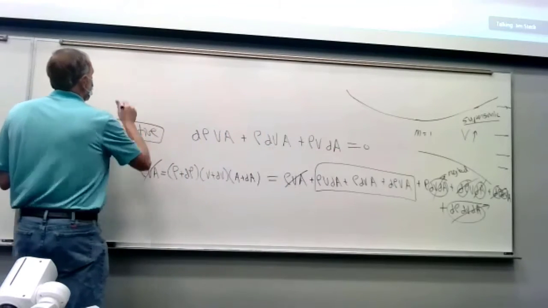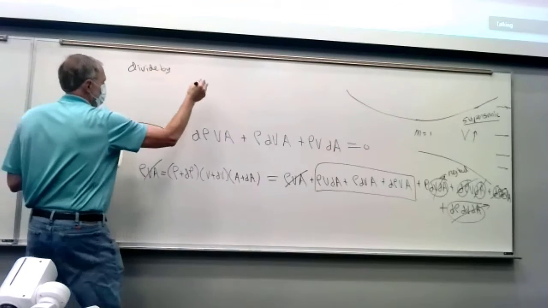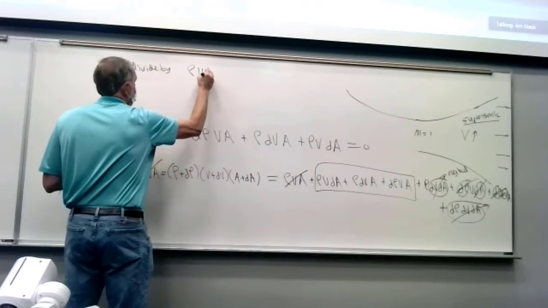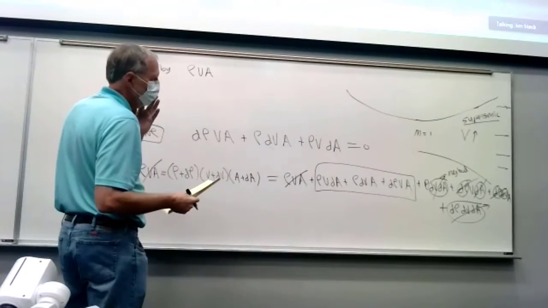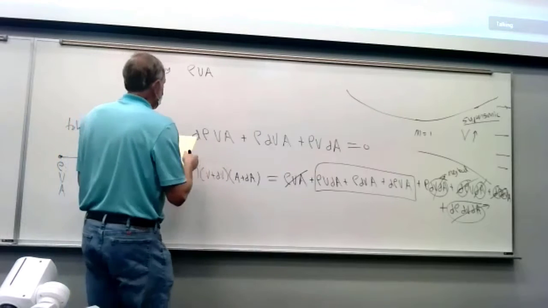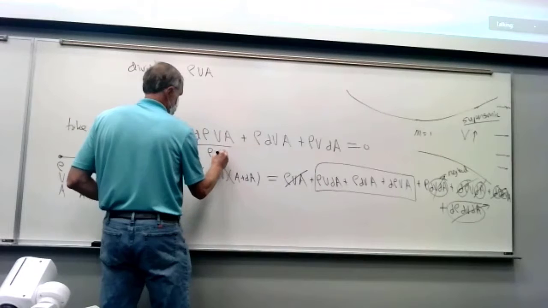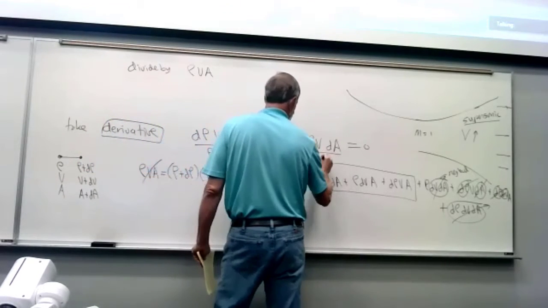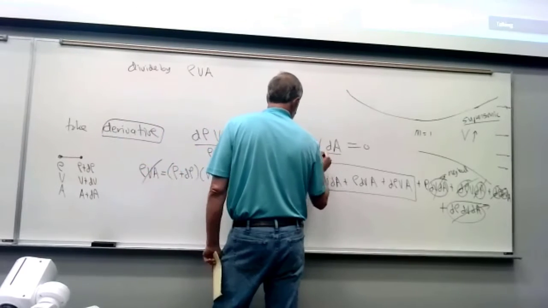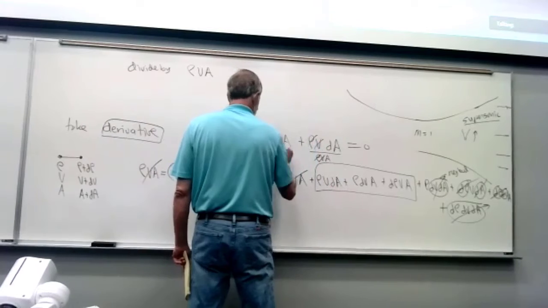So we're going to divide by rho VA all the way across the equation. We can do that because remember, if we do that, then you can cancel out a bunch of stuff.